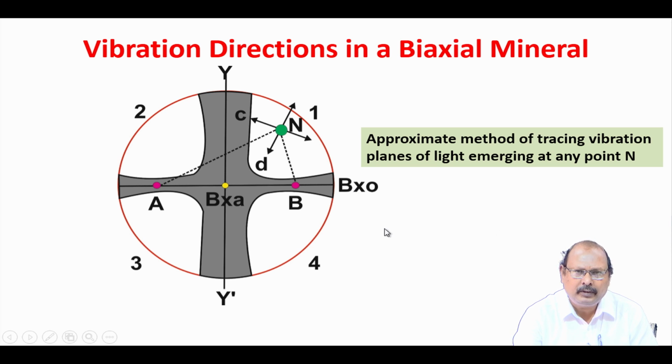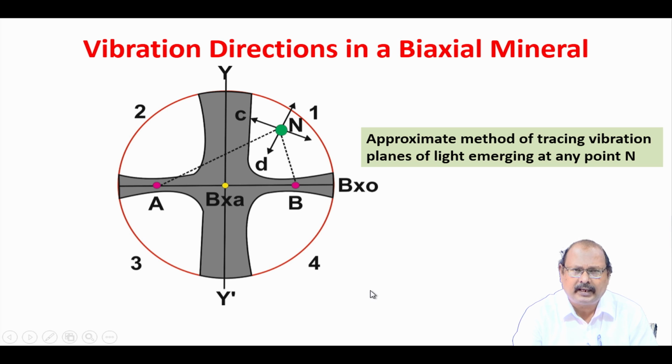Now, if you insert an accessory plate on this figure, you now know that the first vibration direction of the accessory plate is oriented northwest southeast here. So, in quadrant 1, this first vibration direction of the accessory plate will be parallel to this vibration direction C, which in most cases will be parallel to the BXO vibration direction.